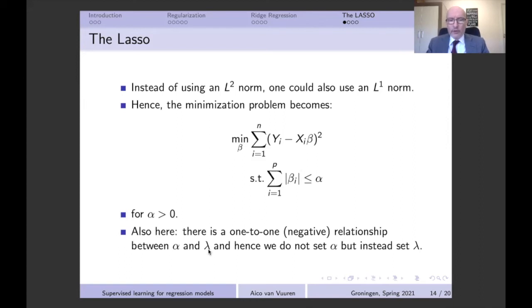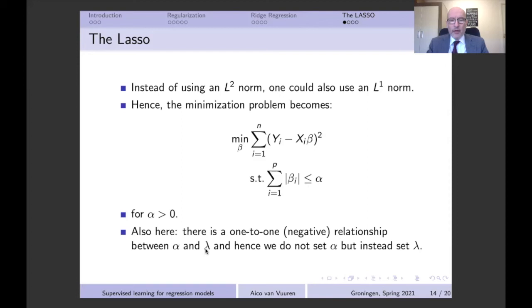Still, even though we're not going to use Lagrange multipliers, there is a lambda over here. And the lambda actually has more or less the same interpretation as the lambda that we had with respect to ridge regression. That is to say that there is a negative relationship between alpha and lambda. Low values of alpha correspond with high values of lambda.